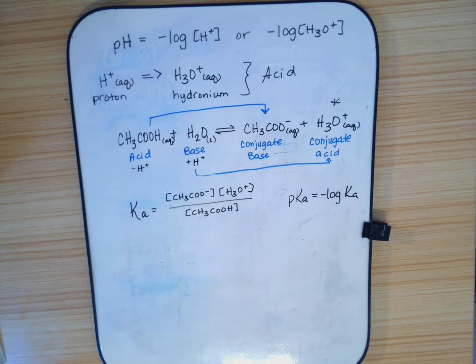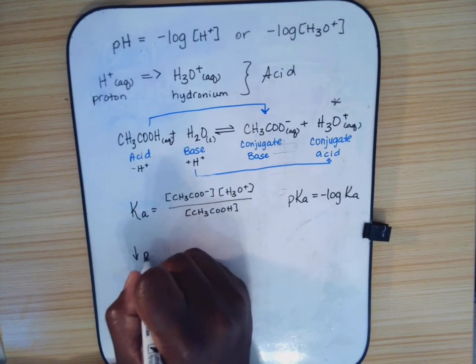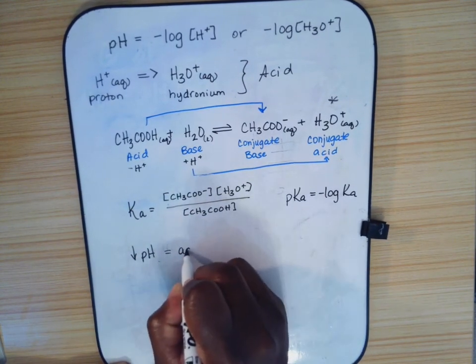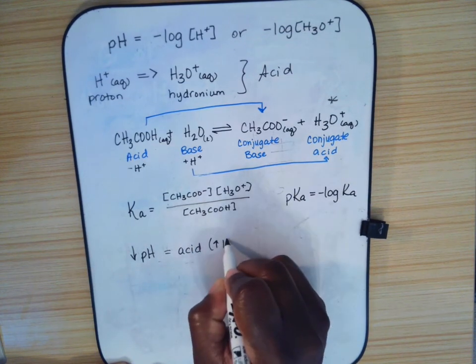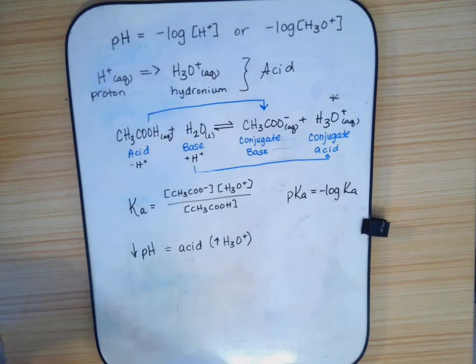And so let's think about what would happen if we have a very low pH. The lower your pH, the more acidic. So in other words, you have a higher concentration of the hydronium or the proton.